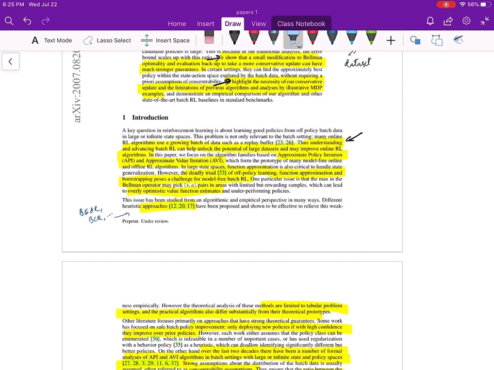Let's move into the introduction section. Here they first say that our algorithms use growing batch data as a replay buffer in the usual off-policy algorithms. The work on offline RL can help unlock potential in large data sets and may improve online RL algorithms.